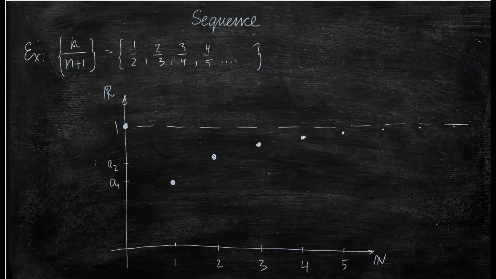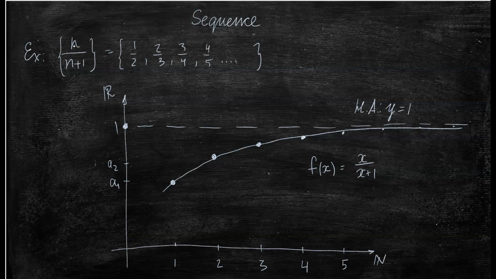And indeed, if we define a function here using the general formula and graph it, this function from real numbers to real numbers will have a horizontal asymptote whose equation is y equals 1.